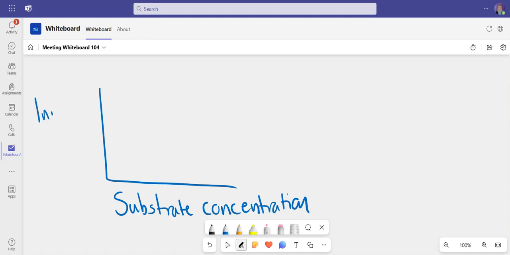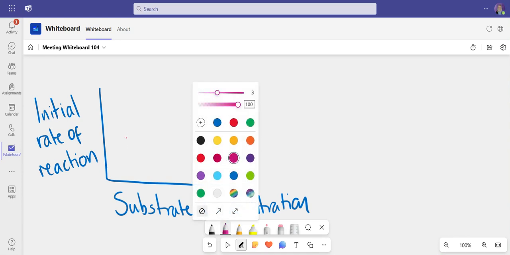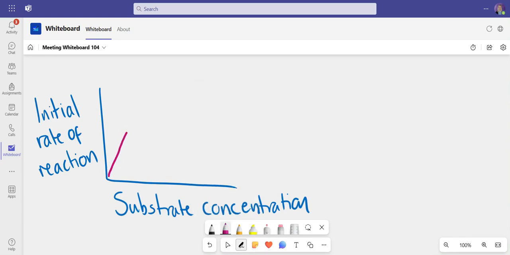We always call it initial rate of reaction. It just means the rate of reaction at the start. If we didn't have an inhibitor, the initial rate of reaction would increase and then it would plateau. So that's with no inhibitor.